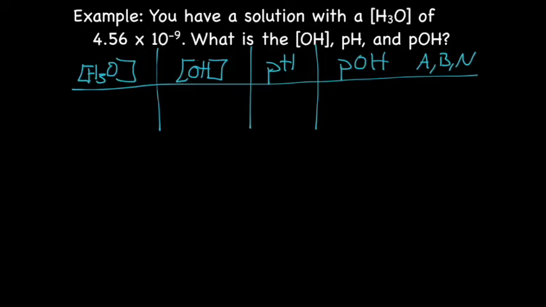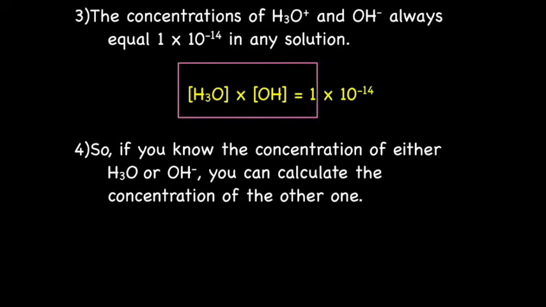And from there, let's plug in what we know. We know that our H3O is 4.56 times 10 to the negative 9th. So what formula do we have that has H3O in it that can give us either OH, pH, pOH, or whether it's an acid, base, or neutral? How about H3O times OH gives us 1 times 10 to the negative 14th. We were given H3O.